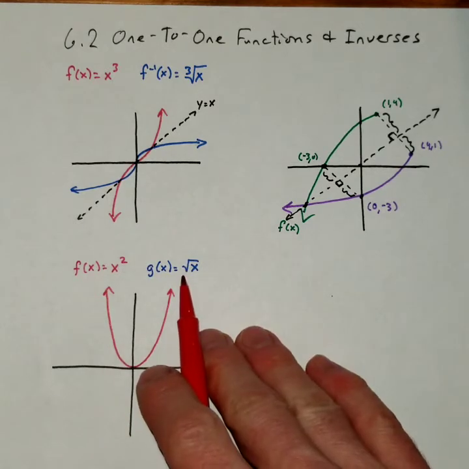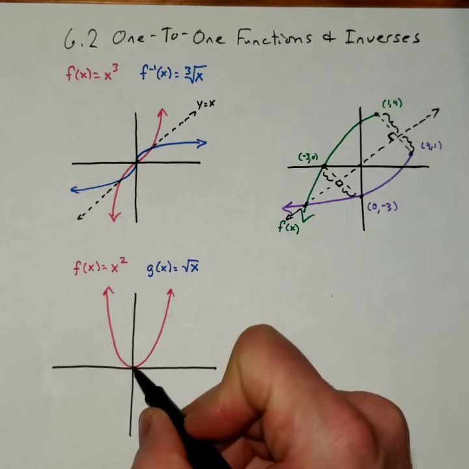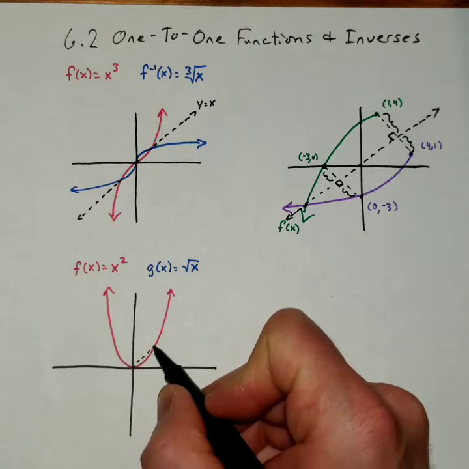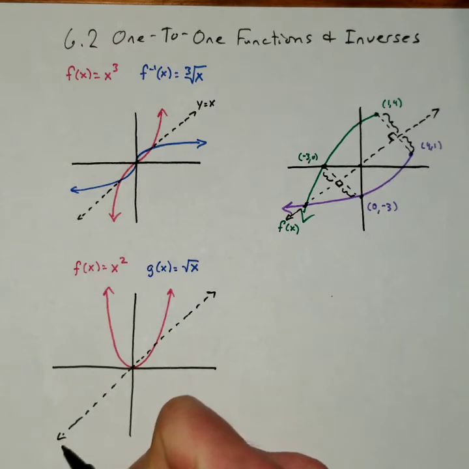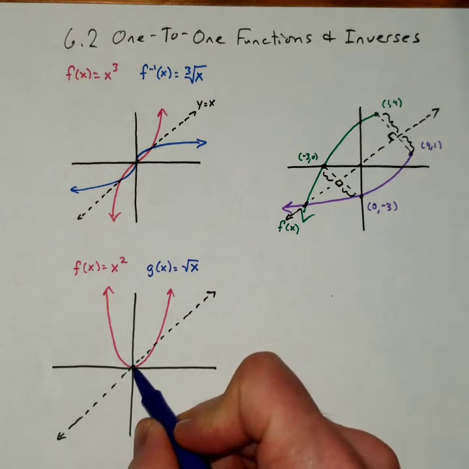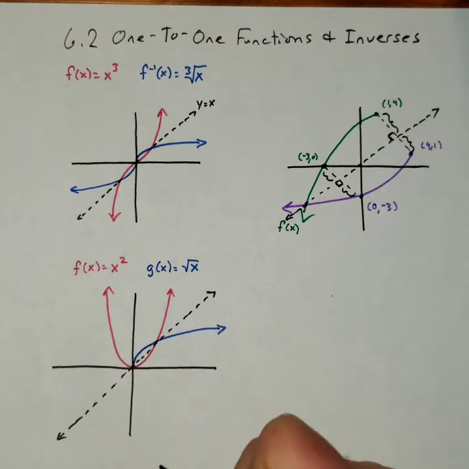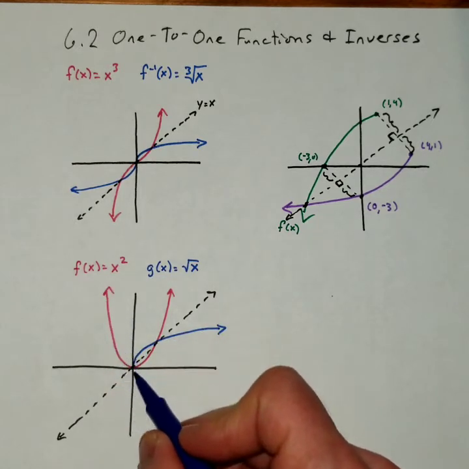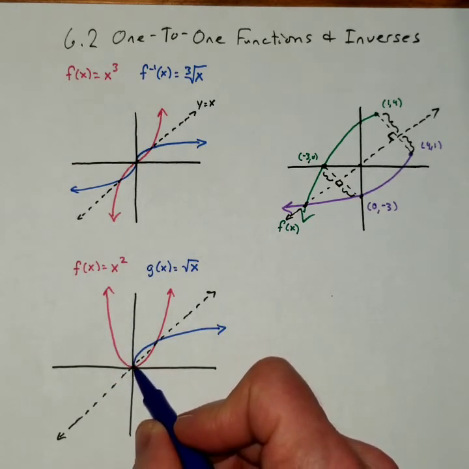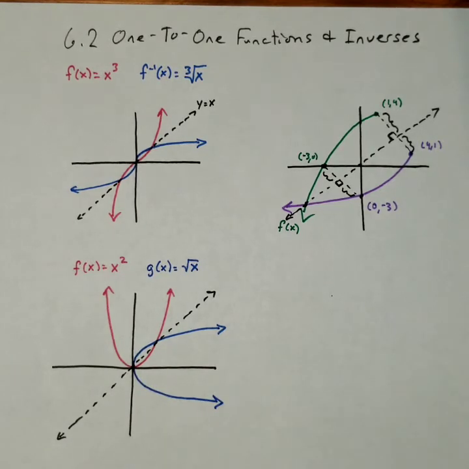Now the square root function is interesting because if I were to try and reflect the x squared function across the line y equals x, you're going to get part of that function going up and to the right. Okay, that's the reflection of this right half. But the reflection from the left half is going to go down and to the right.